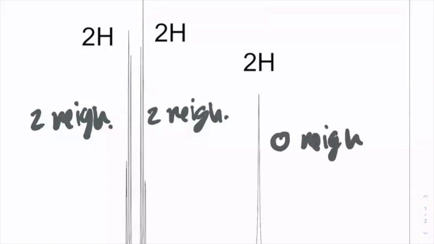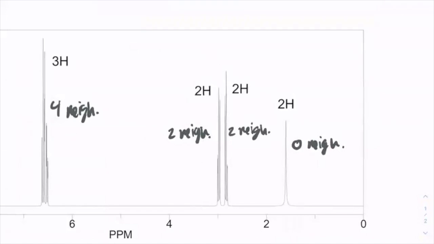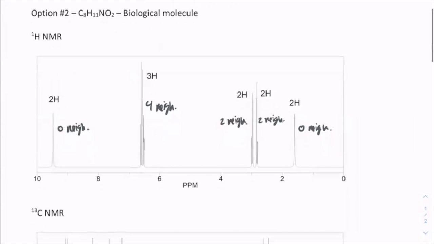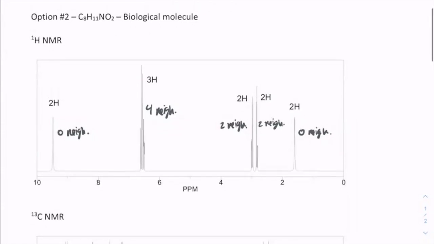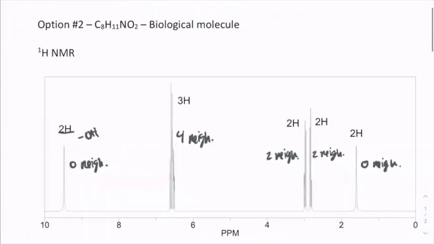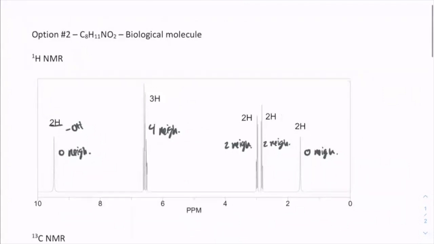So there's probably 2 OH groups then, right? There's for sure 1, but 2. Oh, okay, 2. Yeah, you're right. All right, so that's one thing we know. That's good.